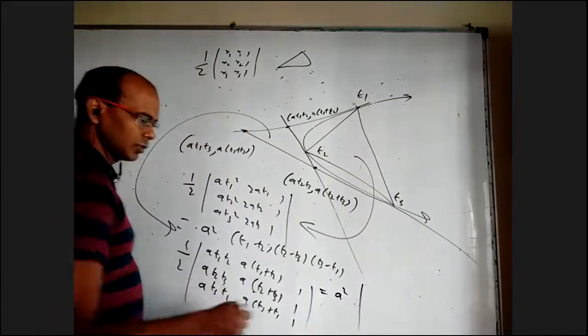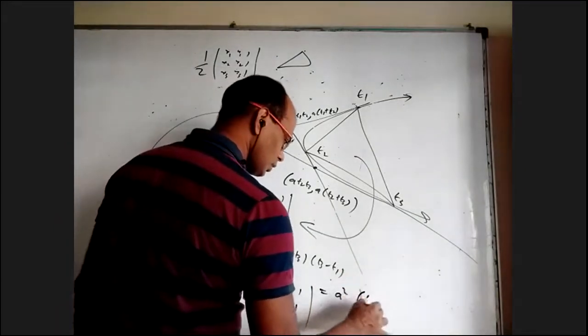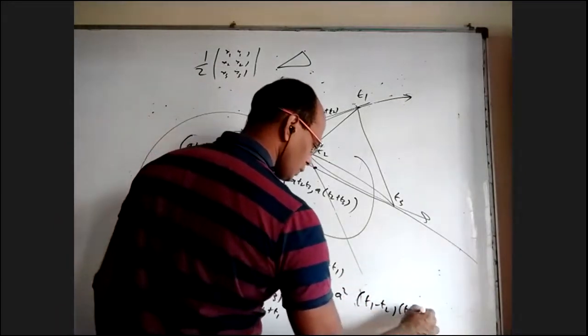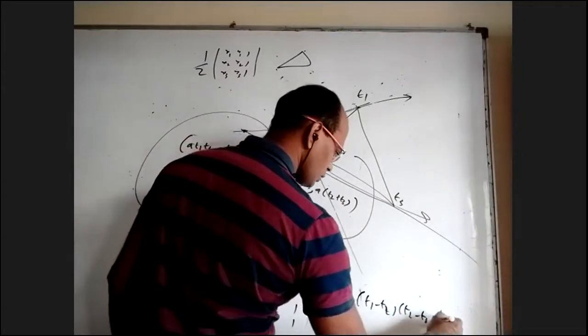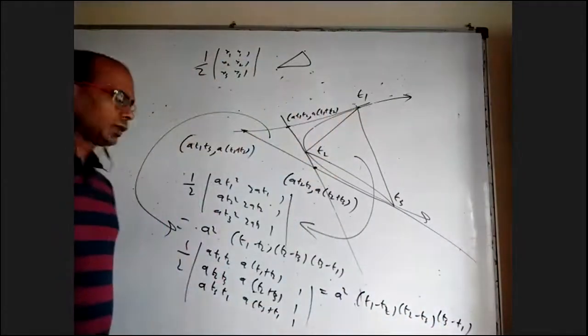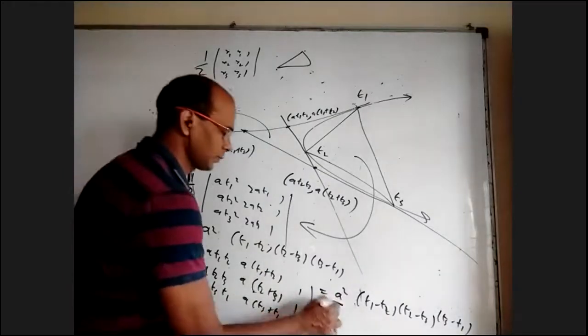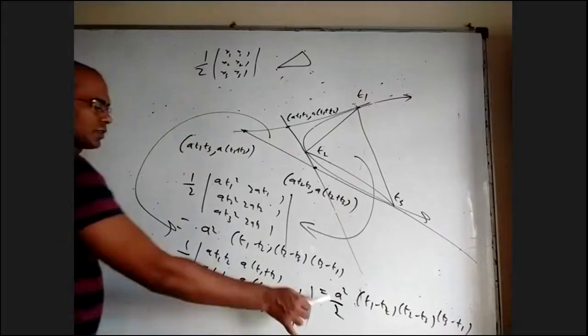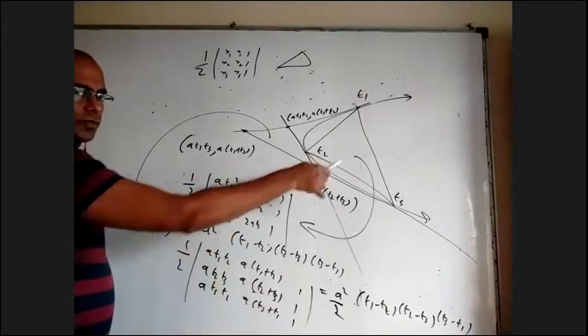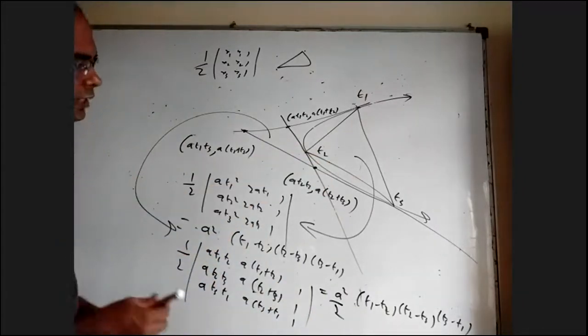That determinant also, when you expand, will come as t1 minus t2 into t2 minus t3 into t3 minus t1. Both are more or less the same, except for, sorry, this by 2 is there. Yeah. So because of this by 2, the other thing is the same. This area is half of this. Okay, that is one standard property.